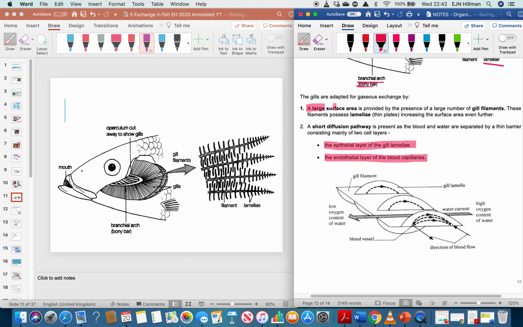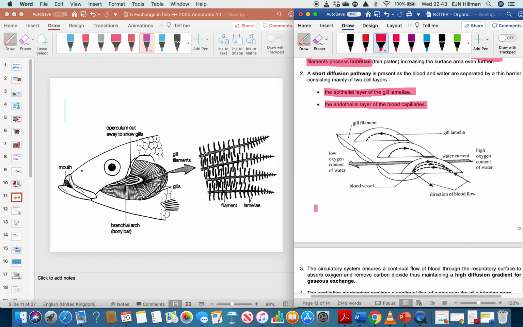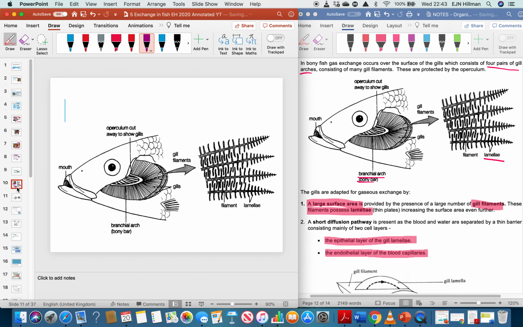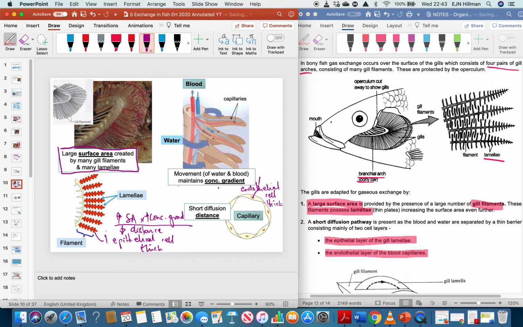Large surface area, we've mentioned already, with the gill filaments, so many gill filaments on which there are many lamellae, which increase the surface area. Okay, we know that there is that ventilation, so the movement of the water continuously over the gills, which maintains the concentration gradient.